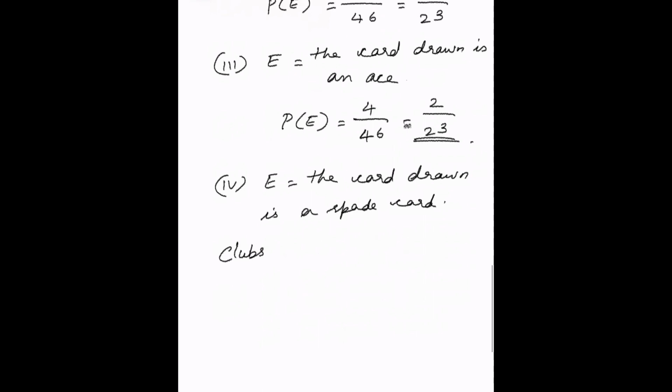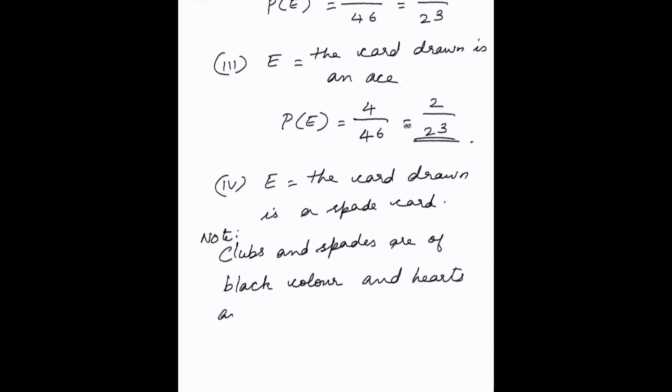You can write a note here: clubs and spades are black color, and hearts and diamonds are red color.